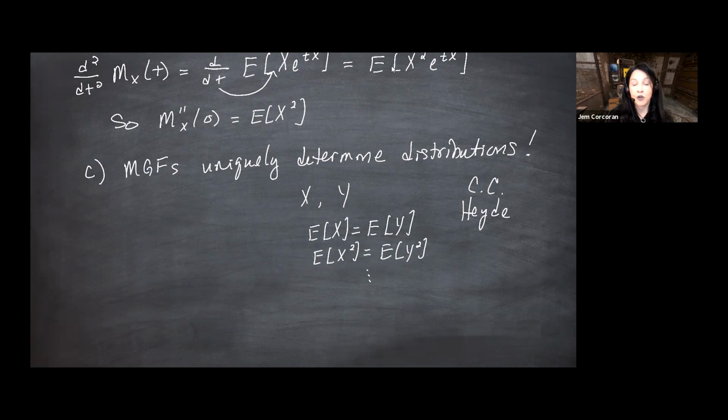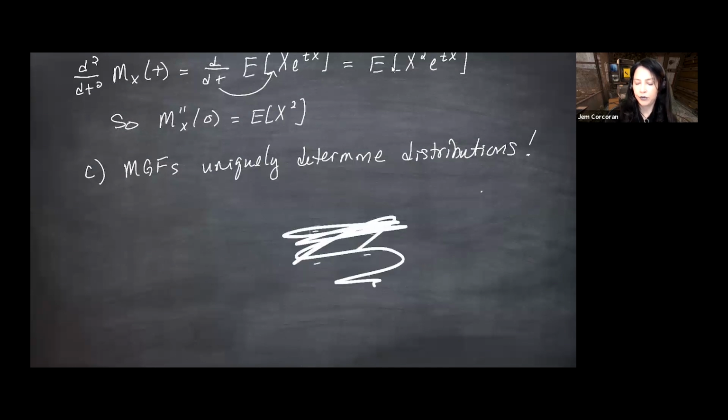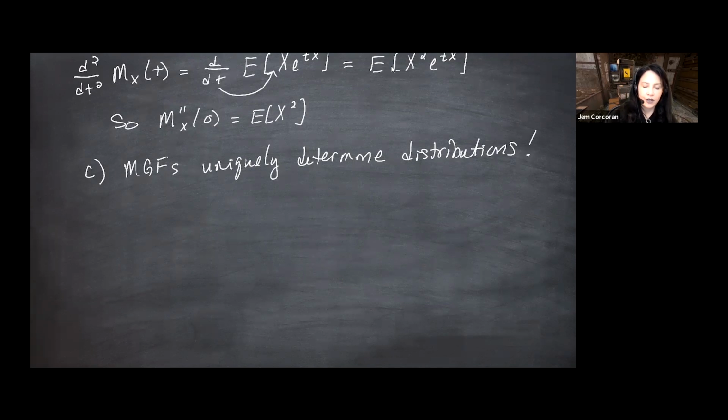But if their moment generating functions match, it does. So if the moment generating function for X is equal to the moment generating function for Y, then X and Y have the same distribution.